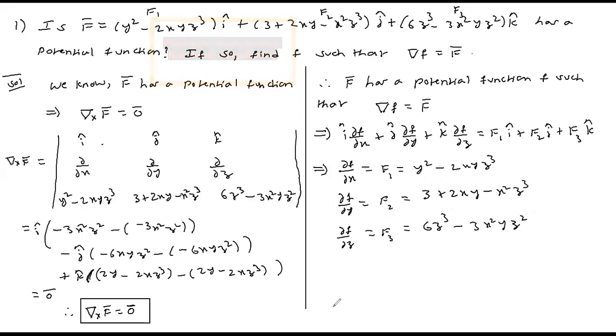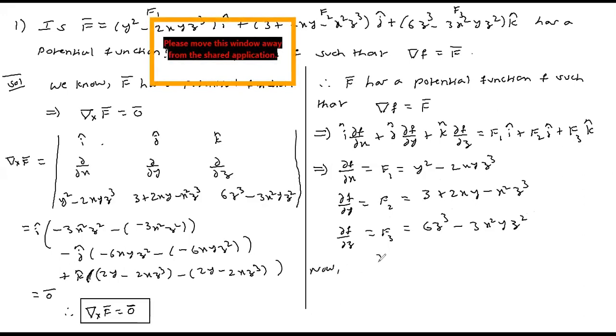Now dou f by dou x, take the first equation. Dou f by dou x equals y square minus 2xy z cube. If dou f by dou x equals y square minus 2xyz cube, then what could be f?